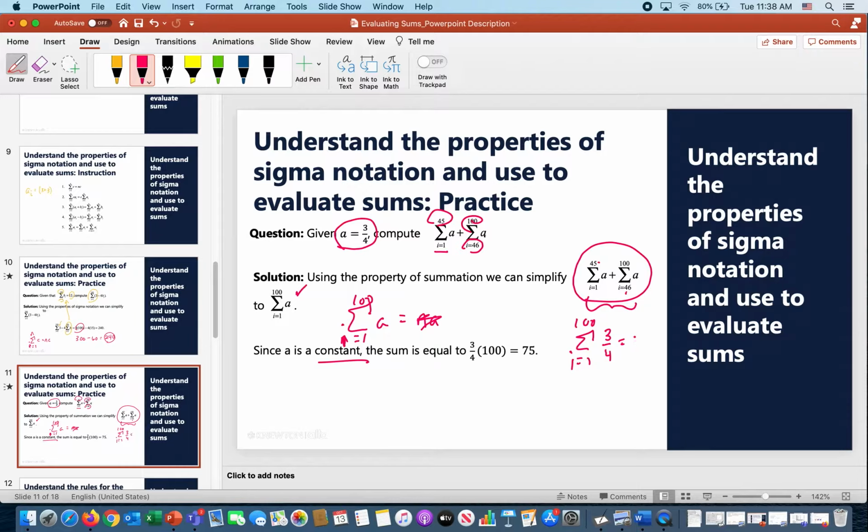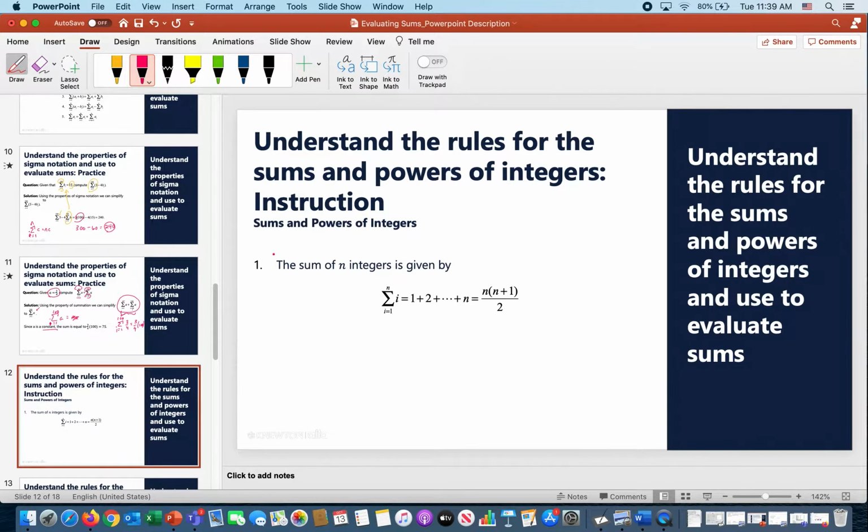And we said before that if we have this sum here, it's just going to be 3/4 times whatever n is right there. So if I have the sum of n integers, this is the first one plus the next number is 2, and so on until we get to n.